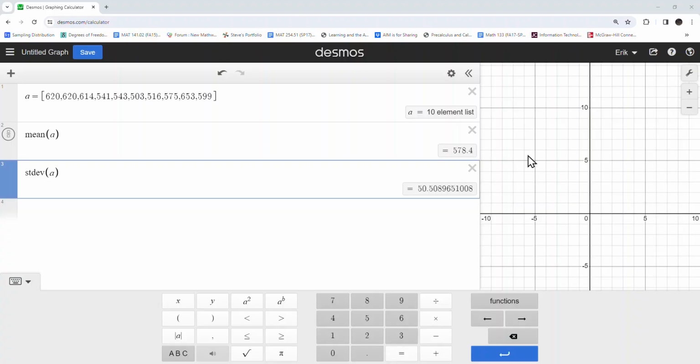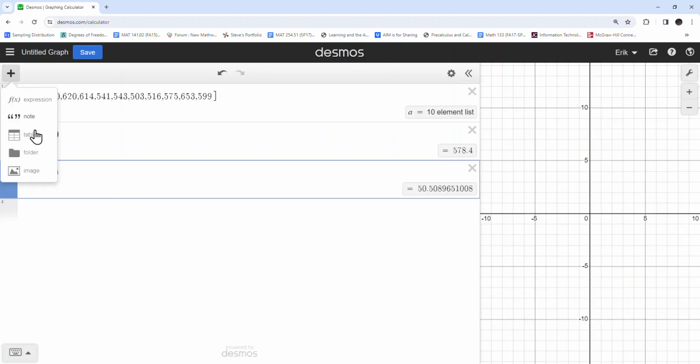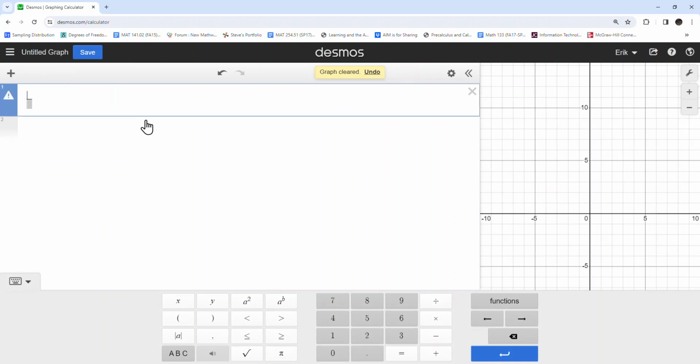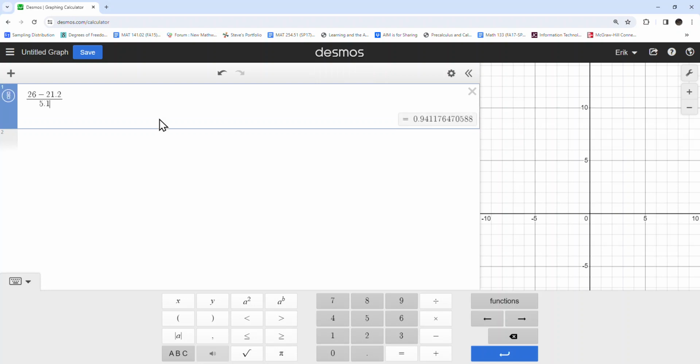We'll find these in Desmos. I like to set up the fraction from the get-go and do 26 minus 21.2 divided by 5.1. You don't have to. Notice our value here. You might be tempted to turn this into a percentage. It is not. This is 0.941 standard deviations above the mean is how you should write that.